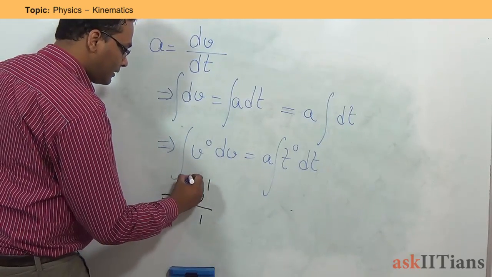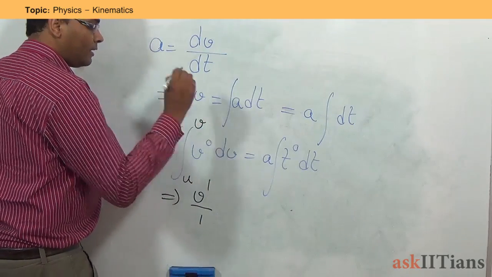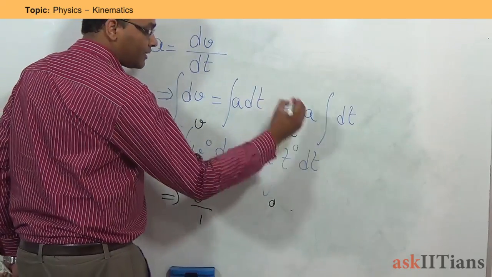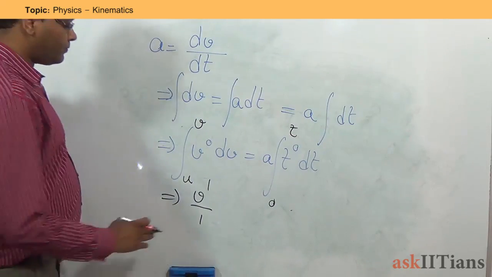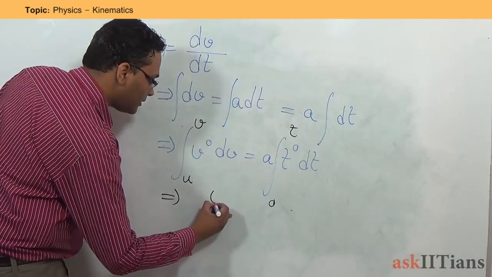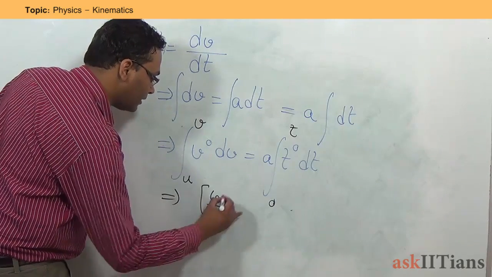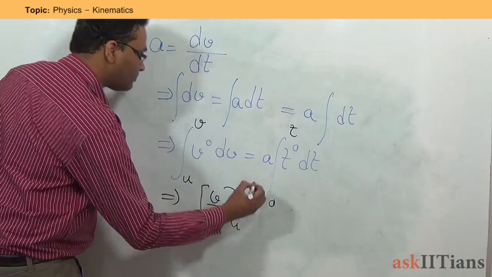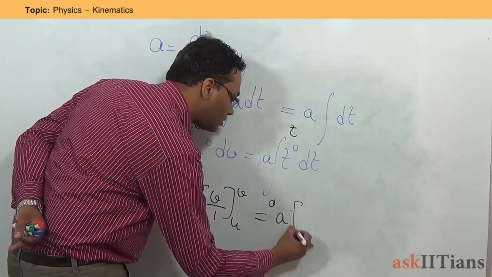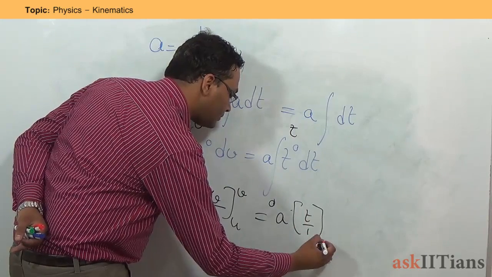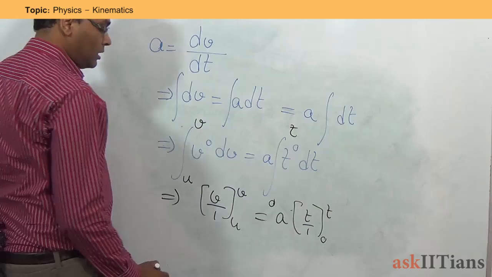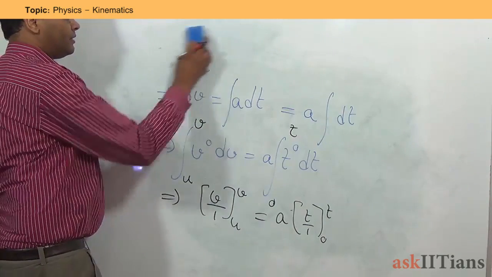So if I say that initial velocity is u, final velocity is v, initial time is 0, and final time is t, then this becomes v divided by 1, and you need to substitute the lower and upper limits, and same here. So this becomes t over 1 integrated between 0 and t. So this results into what? Let me write it down here.